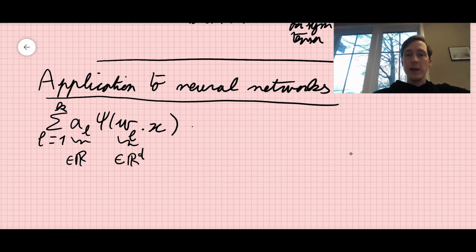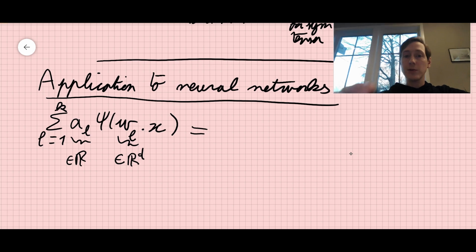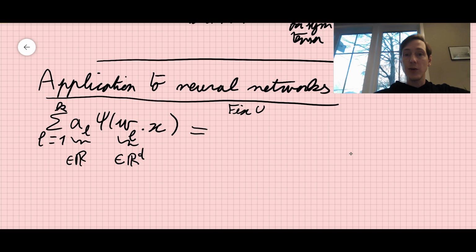Now, what is the connection to tensors? Well, let's fix psi, the nonlinearity, to be a polynomial. Fix psi of t to be a degree p polynomial, the sum for q equals 0 to p of c_q t to the q.